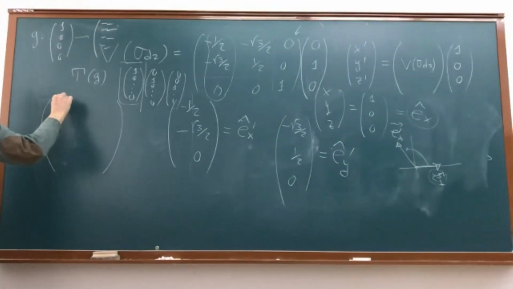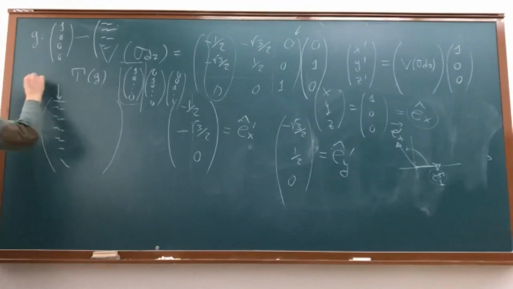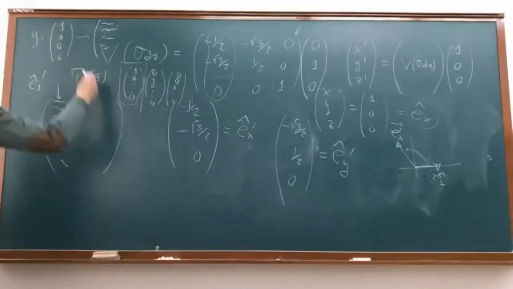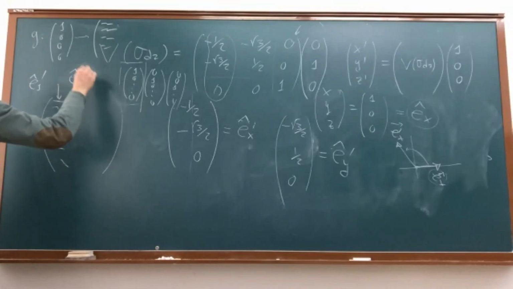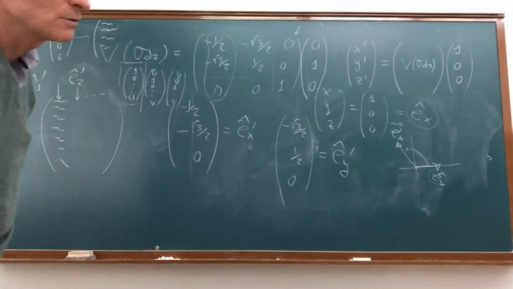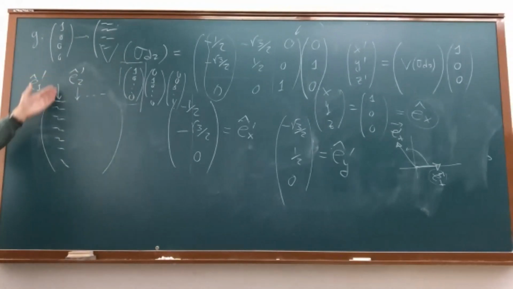So this something I place here. It is the first column. So the first column is E1 prime, the E1 transformed by the operation. The second column is the E2 transform, etc. So that's the recipe that I always use, and I always recommend, because in general it's extremely hard to try to use general formulas with a rotation group and with planes and things like that. But this is always relatively easy to do.